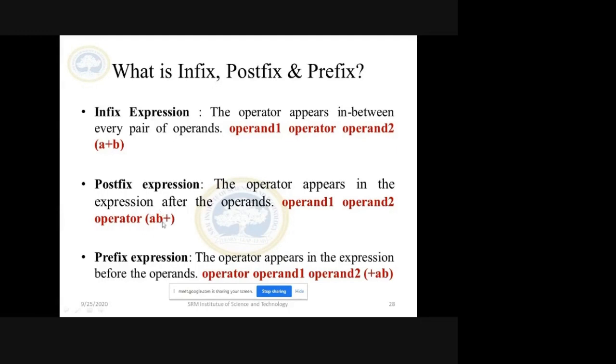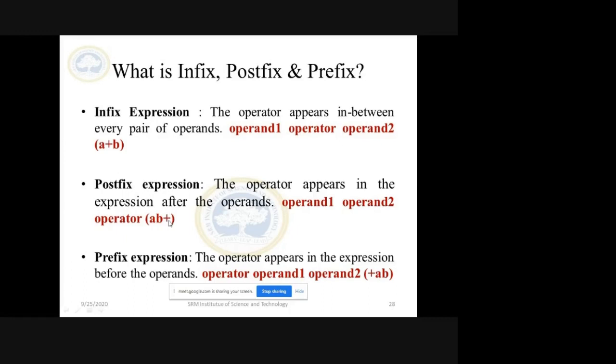That is, your operands will be at the beginning and your operator at the end. It is not that all the operators will be at the end. For this expression there is only one operator, so I have put it last. But in a postfix expression, the operators will be at the back of the operands.